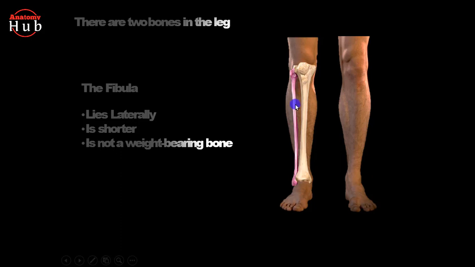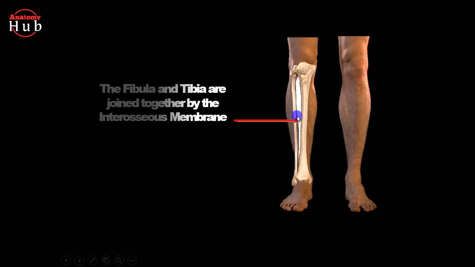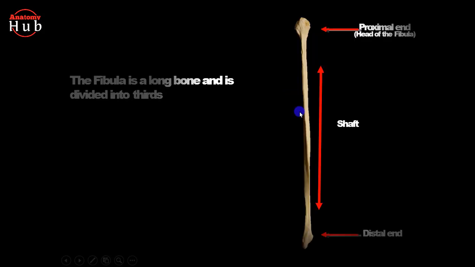This fibula that lies laterally is shorter, and it is a non-weight bearing bone. The fibula and the tibia are joined together by the interosseous membrane.